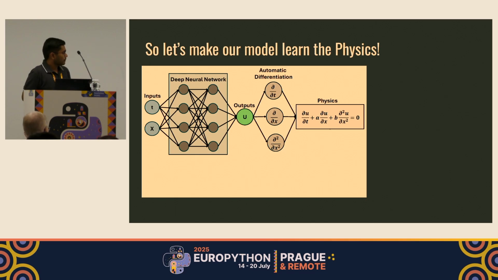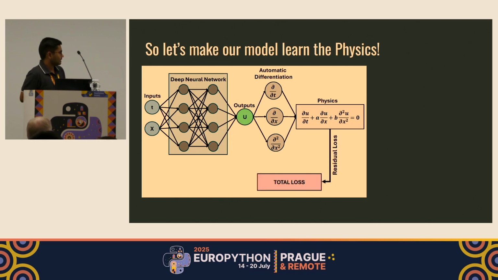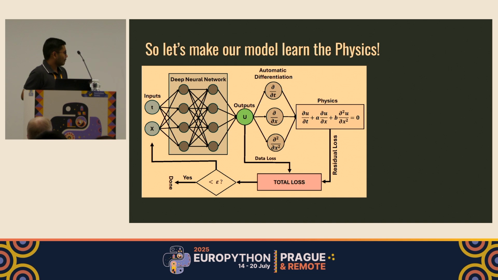And we can put this differential equation as a residual loss and penalize our model for any deviation from this physical law. Then we combine it with the data loss which we have from the sparse observations, and we backpropagate the loss. So in physics-informed neural networks, the total loss is data loss plus the physics loss.